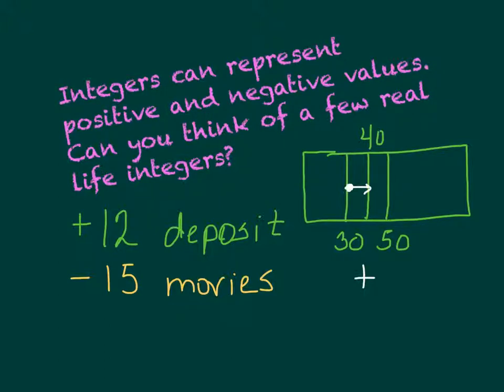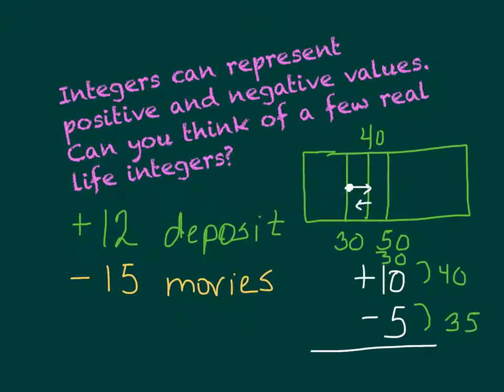But then maybe on the next play we're not so lucky and we lose 5 yards. So that would be a -5. If I start with 30, I gained yardage and got to 40, but wait a minute, I lost 5 yards, so I'm at the 35-yard line, somewhere about right here on my number line or on my football field.